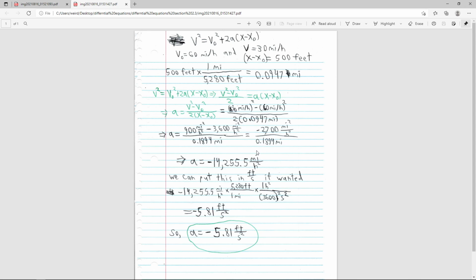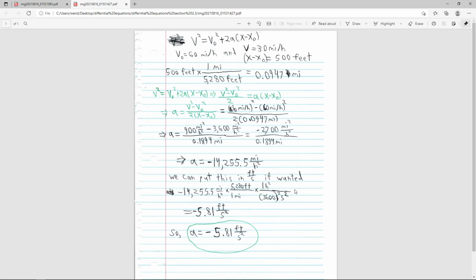And we might want to change the unit because it's only a 500 feet distance. So I want to lower the unit in terms of feet and seconds, which is one way they can want it. So feet per second: we take negative 14,255.5 miles per hour squared, multiply by 5,280 feet in 1 mile, that's the normal conversion, and multiply by 1 hour squared.